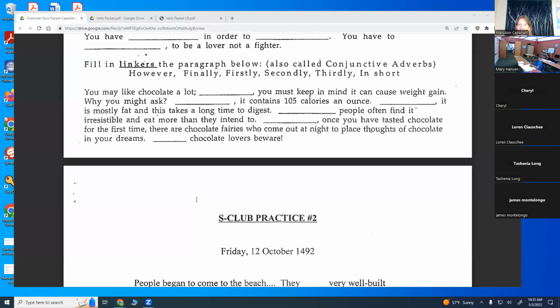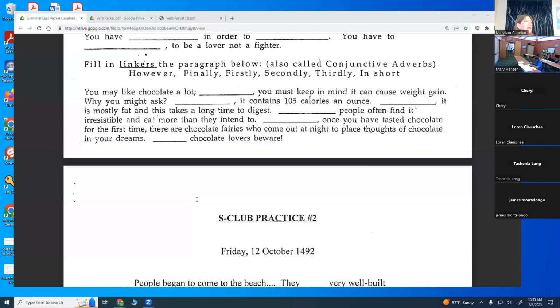Why, you might ask? Firstly, it's a little paragraph that they're giving. Well, let's not worry about it too much. It's not a perfect paragraph or anything, it's just a little paragraph. Firstly, it contains 105 calories an ounce.